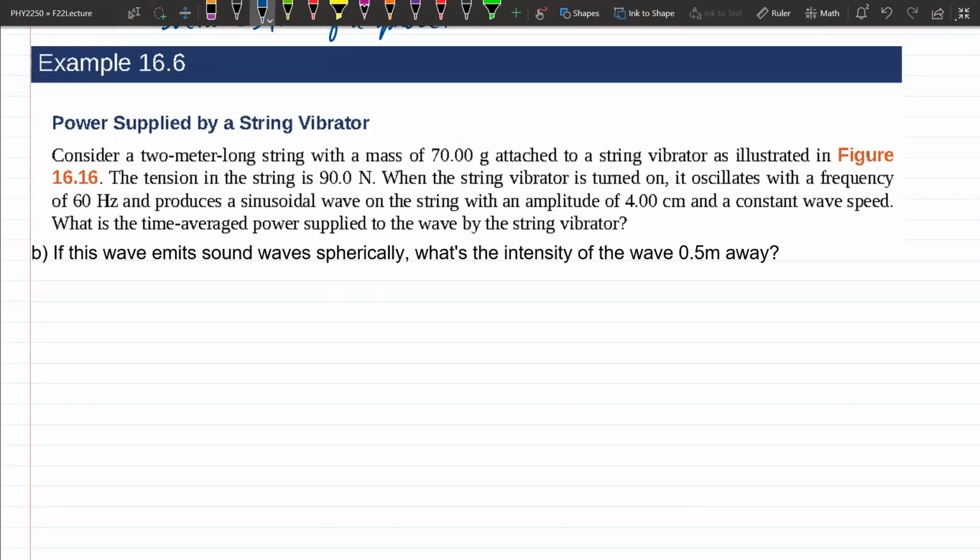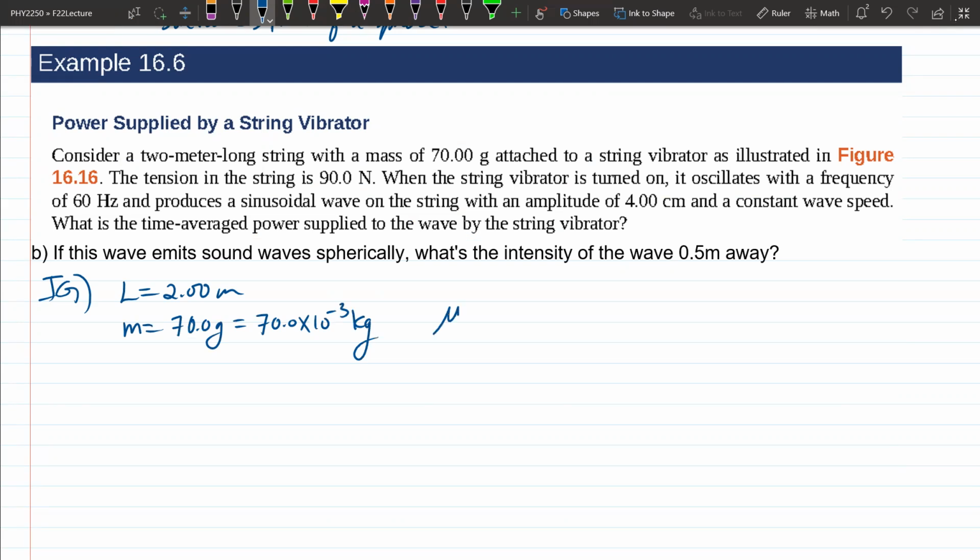So the information I'm gathering is that the length of the string is 2 meters, and the mass of the string is 70 grams, in other words 70 times 10 to the negative 3 kilograms. Remember, the SI unit for mass is kilogram, not grams.